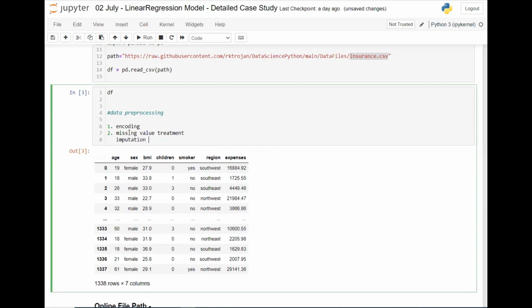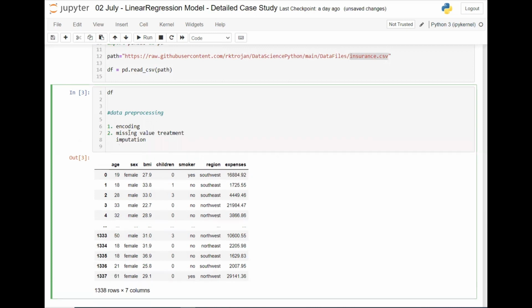Imputation means replacing the missing value with some proper value, maybe zeros, ones, or some other proper values, or removing the records containing missing values. We can think about different things here.